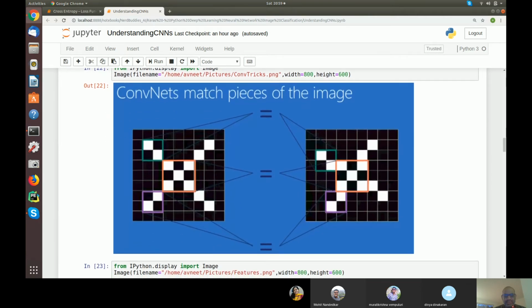And the way that was resolved was to sort of break the image into smaller pieces. So instead of matching the whole thing, match certain patterns of one image with the other. So here on the left, we see there are three simple patterns.